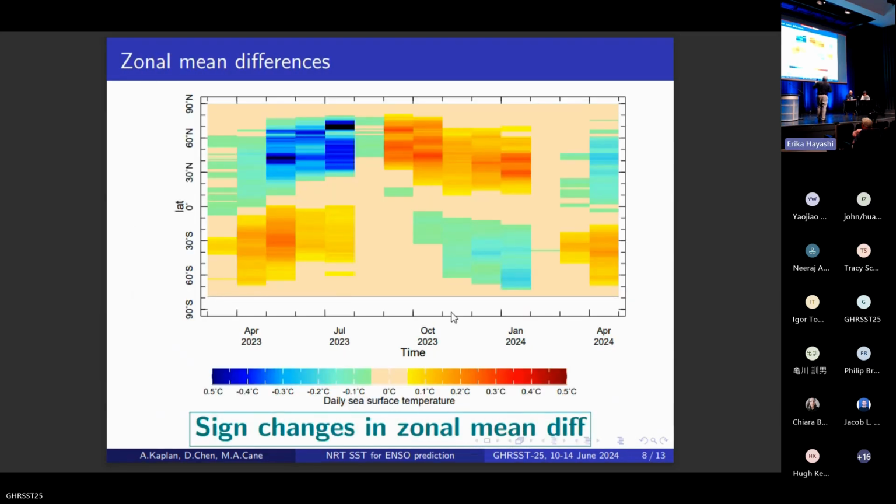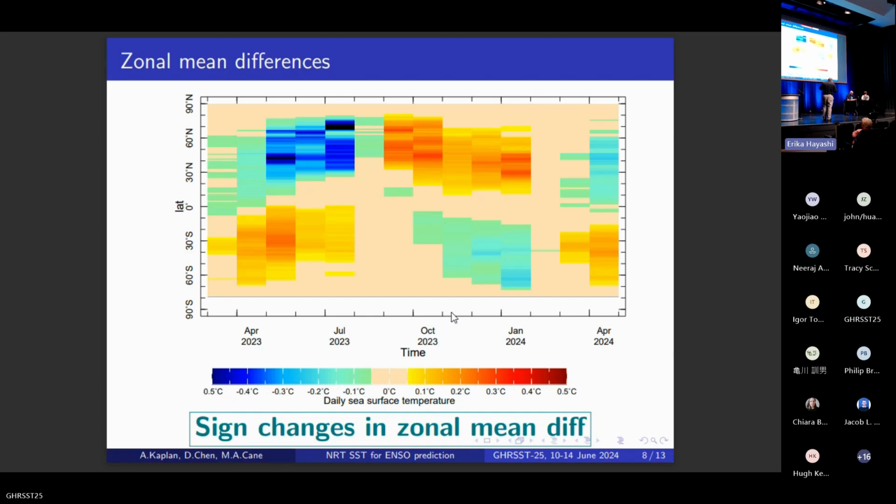If you look at the structure of what happens, these are differences of averaging with preliminary and averaging with final fields, of zonal means, going again from March 2023 to April of this year. And you can see that these differences, which come out because not all data is available, happily change signs.